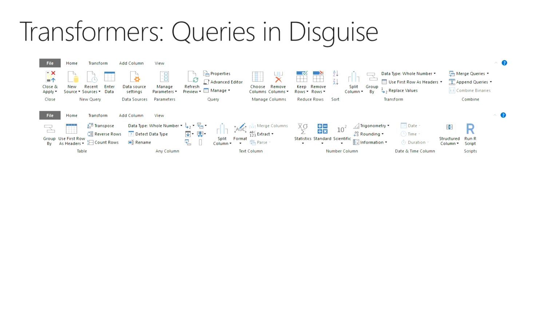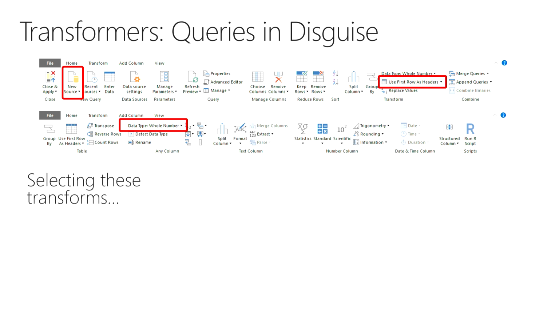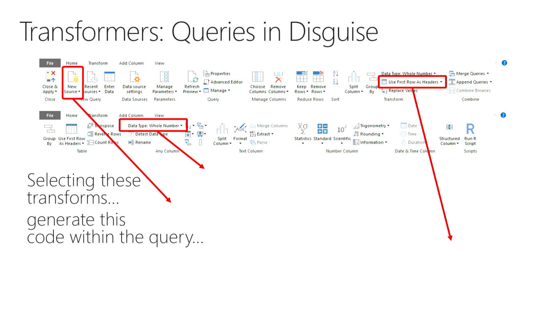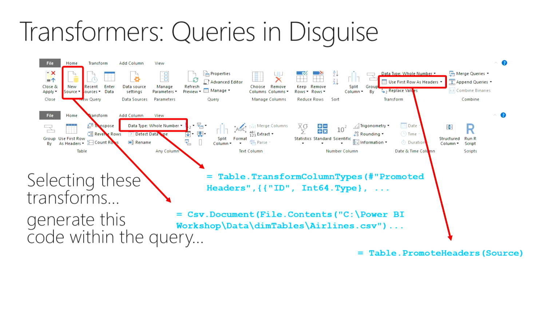So when you click buttons and use menu options within the Get Data experience within Power Query, you're actually generating M script. Here are some examples of some very common transforms, like use first row as headers. That actually calls the promote headers function of the table class.